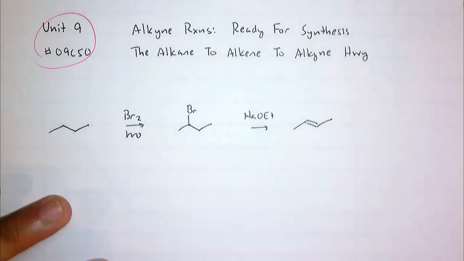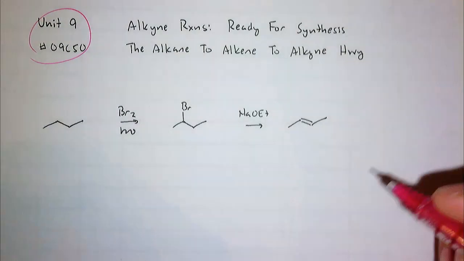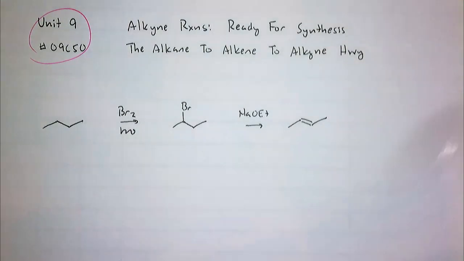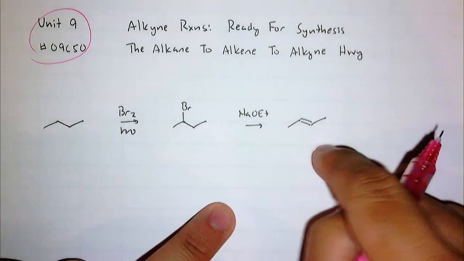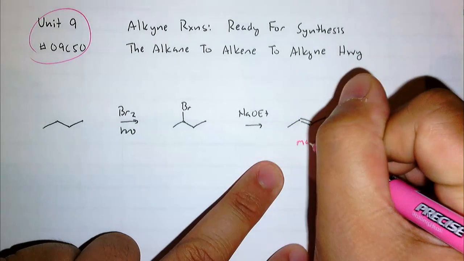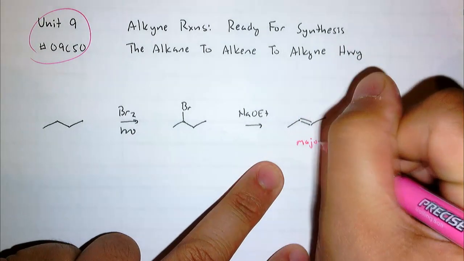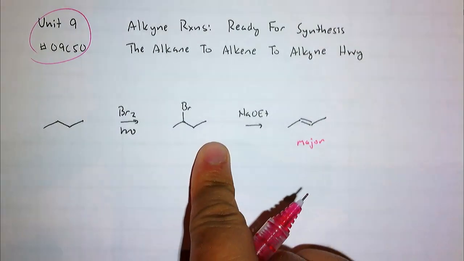Now with synthesis, what you're doing is, in the reaction where you get mixtures, you are carrying forward the major product. Okay, so if you know your elimination unit very well, you know that this would give us a mixture of alkenes.